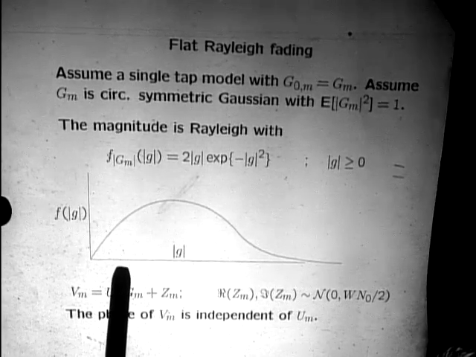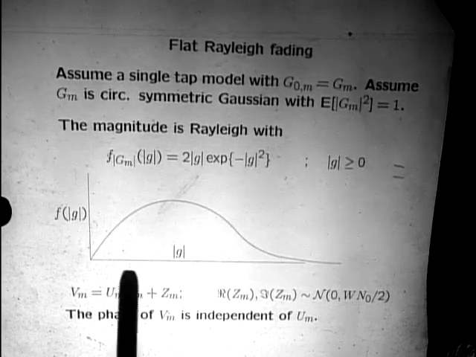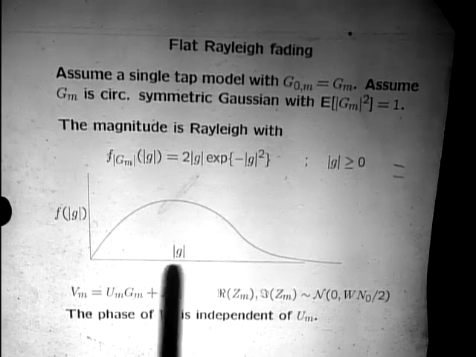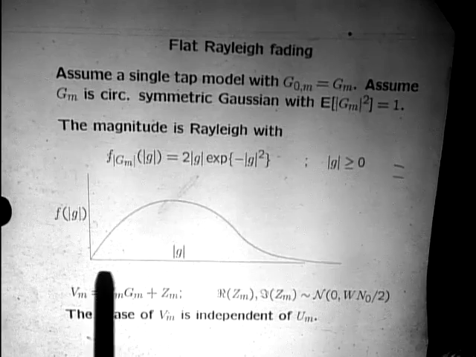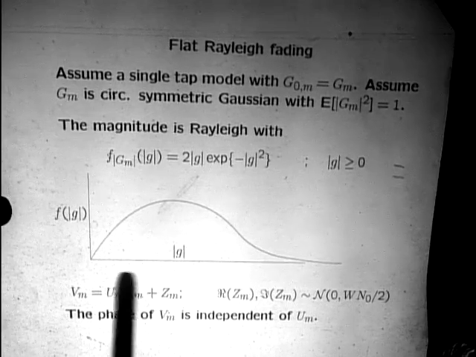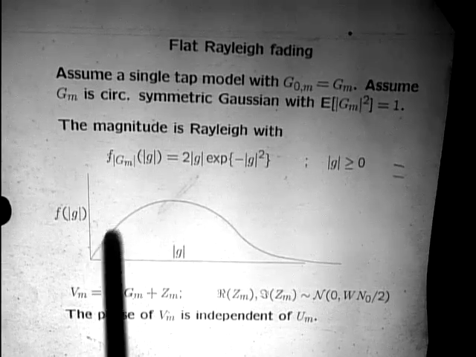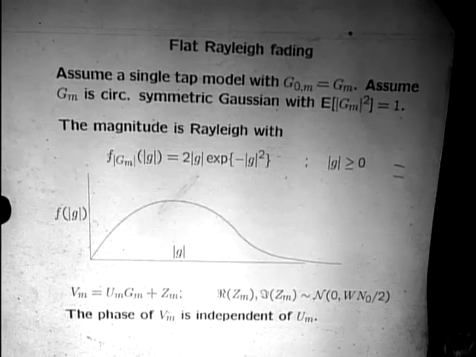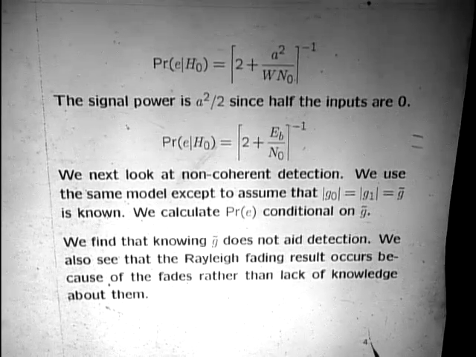Because when you have a bigger A squared, it's just going to move down the value of g bar that's going to give you trouble. Namely, when you double A, the value of magnitude of g that gives you trouble just goes down by a factor of 2. When that goes down by a factor of 2, this bad part of the curve just goes down in a quadratic way. Well, that's what this is telling us, okay?